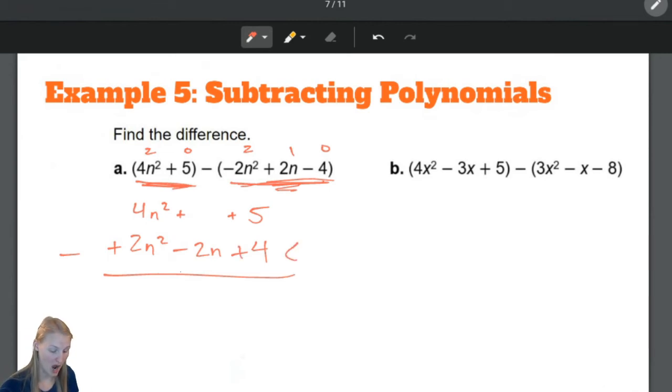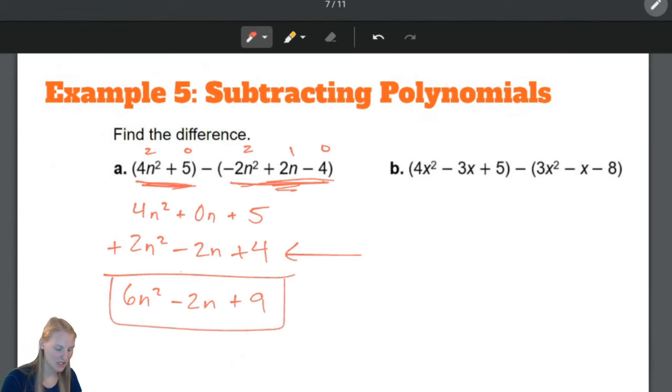Only on the bottom polynomial, on the one that's being subtracted. And now, it's the exact same as what we did in the last example when we added polynomials. 4n squared plus 2n squared is 6n squared. 0n minus 2n is minus 2n. And 5 plus 4 is 9.